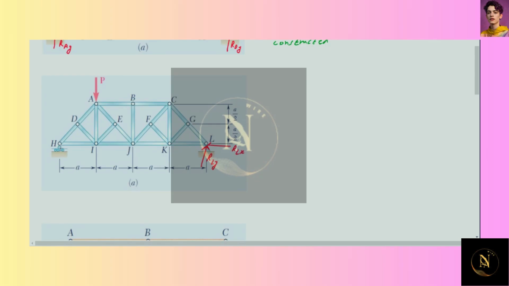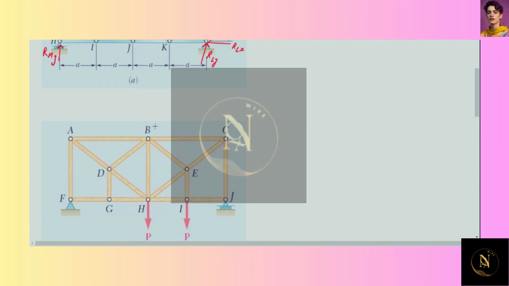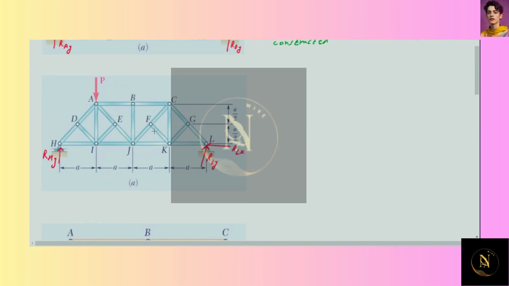And here there is a roller support, so there will be one vertical reaction. Let's call this reaction RHY. Now we have drawn the reactions, and there is only one force P here.